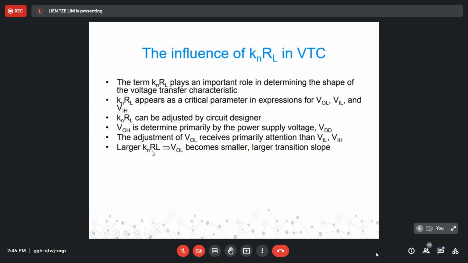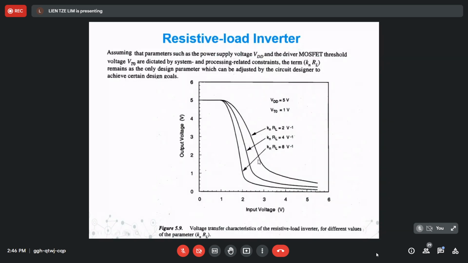A larger KNRL will cause the VOL to become smaller, with a larger transition slope. There is a VTC here, plotted with three different KNRL values. You see here the slope is different when the KNRL is larger. This is 8, the value is 8.